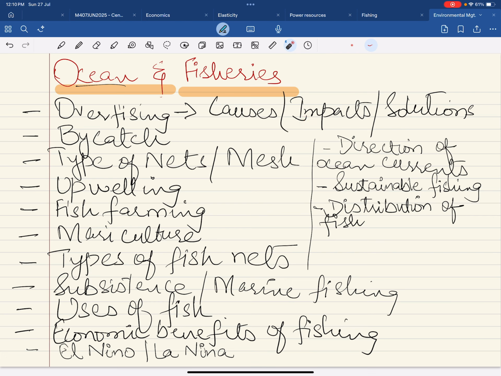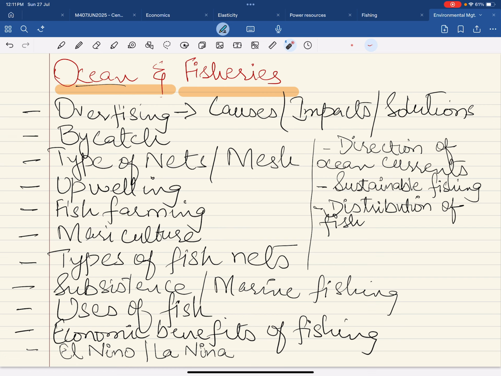Here we'll be discussing bycatch, types of nets, the mesh size, etc. There is also something related to upwelling, fish farming, mariculture, and types of fish nets.